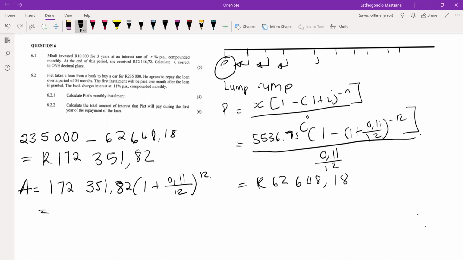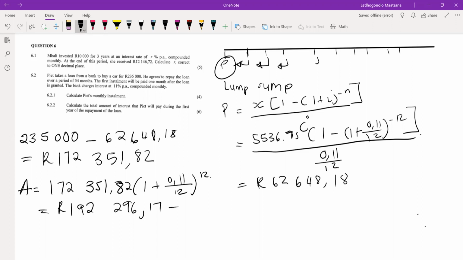And it grows to 192,296.17. This is what this amount now grows to.